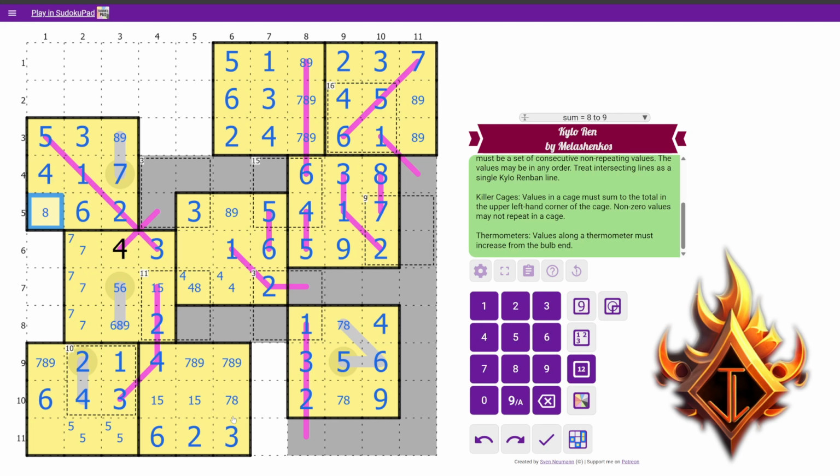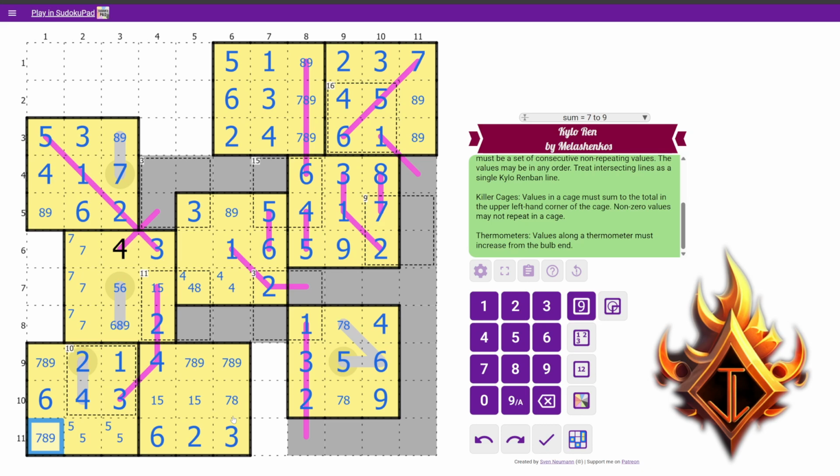This is going to be an 8, 9. We're going to have a bunch of whatever this digit is. We'll go down here with the 5. So it's kind of making... So that means the 7 can't go down. I guess this is still 7, 8, 9 though.